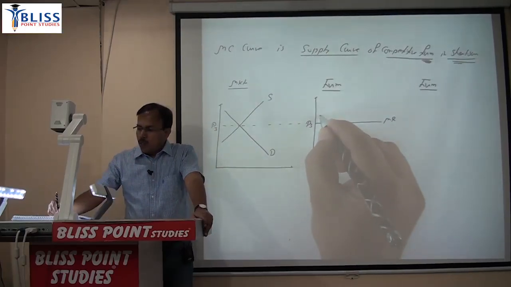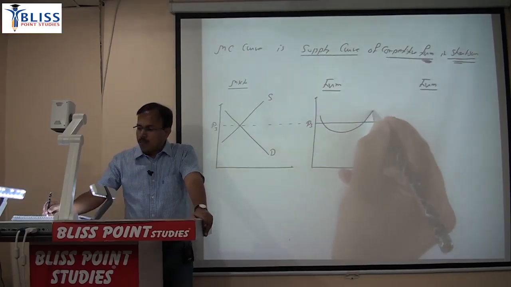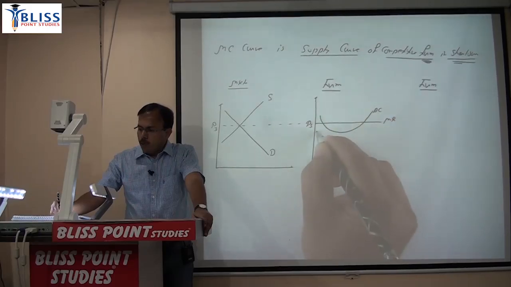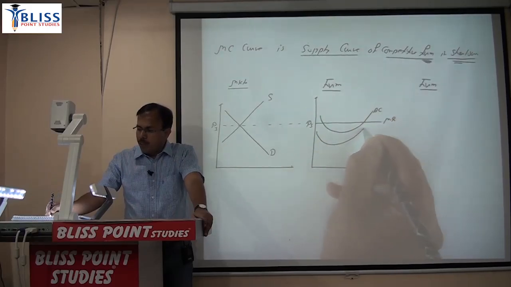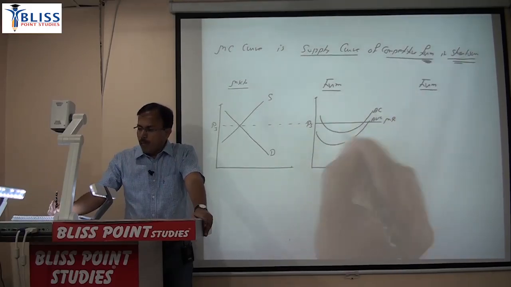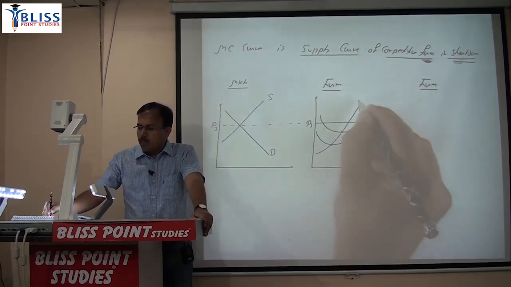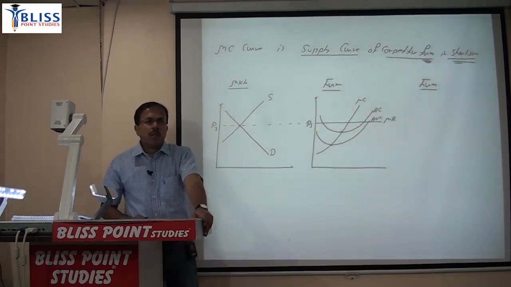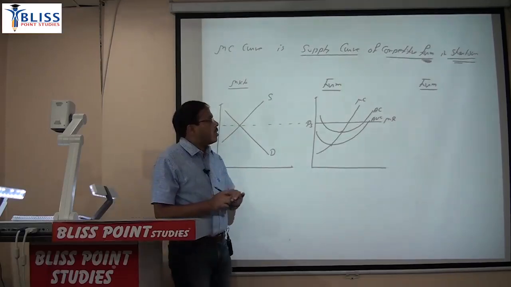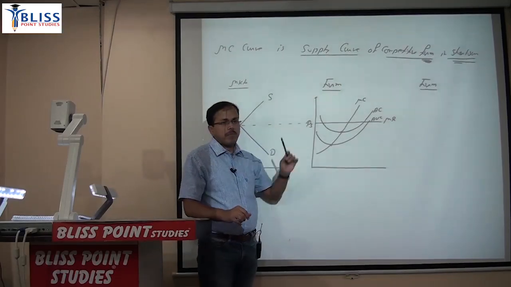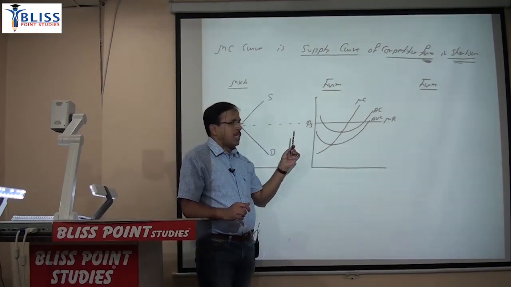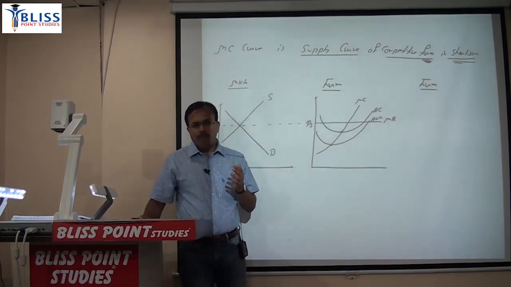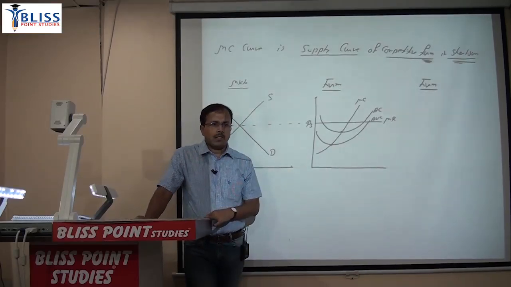If I draw average cost curve and below it you draw average variable cost curve, passing through the minimum of both is marginal cost. So how much quantity will the firm supply? Focus on this part, supply curve. At price P3, how much quantity will the firm produce and supply?